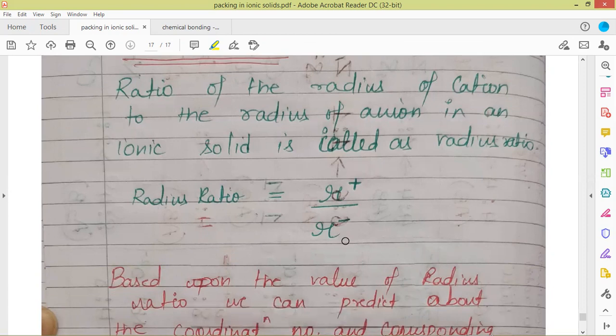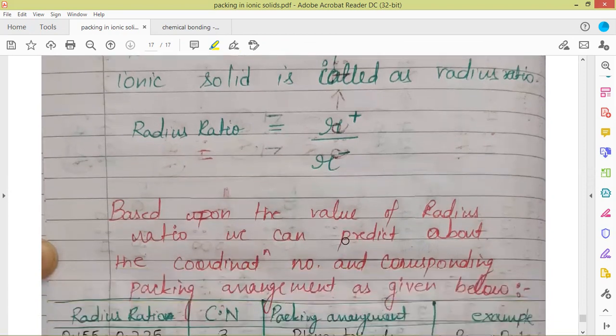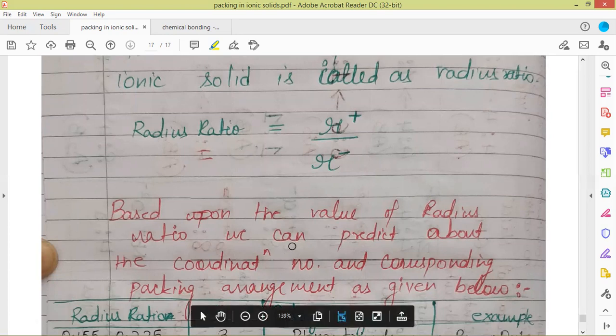Based upon the value of the radius ratio, we can predict the coordination number. We can say how many anions are going to surround a particular cation, and what type of site is going to be filled by that cation.